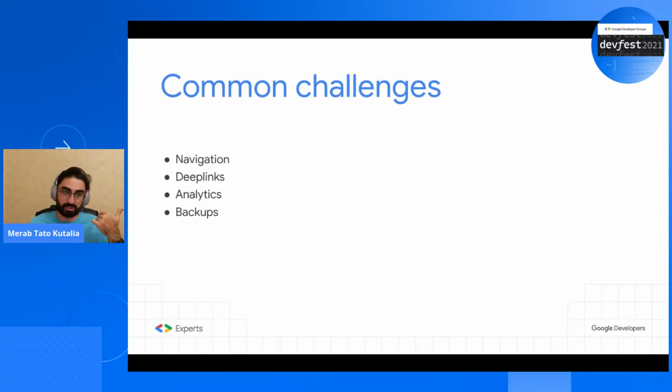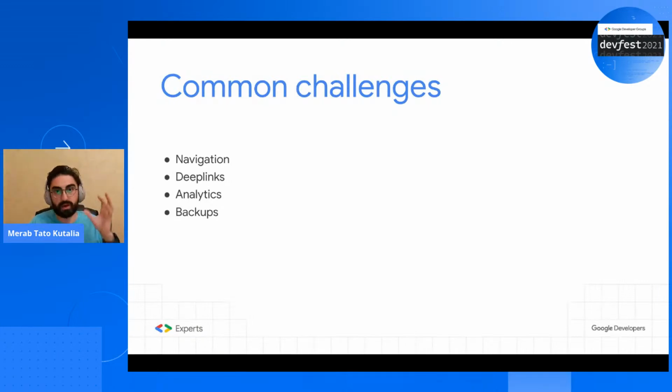First and foremost is navigation plus deep links, because it's very hard to analyze and automate testing for an application which accepts deep links from outside the application, from other applications, and navigates from module to module using deep links.